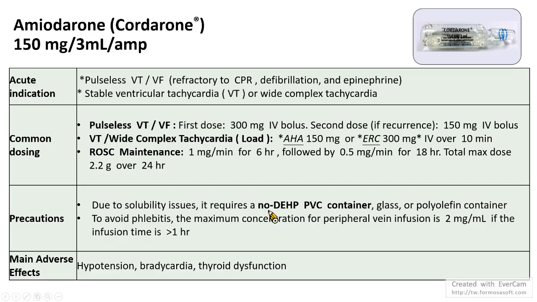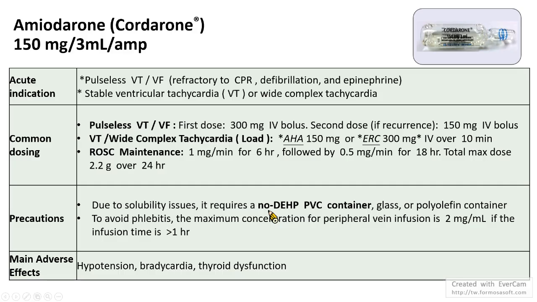And the thing to be noticed when reconstituting amiodarone is that, due to its solubility issue, it requires a non-DEHP or non-PVC container. So such as a glass or PEP container could work as well.